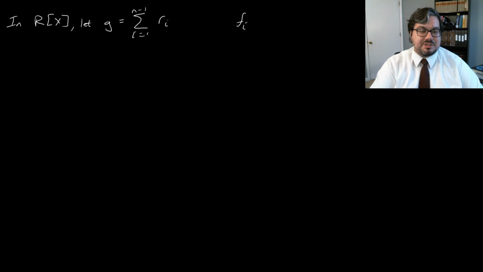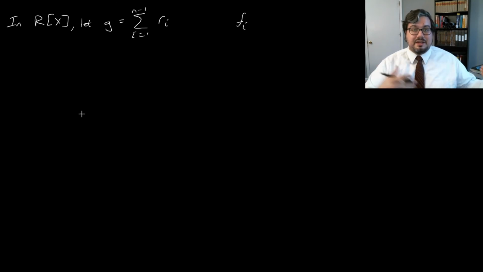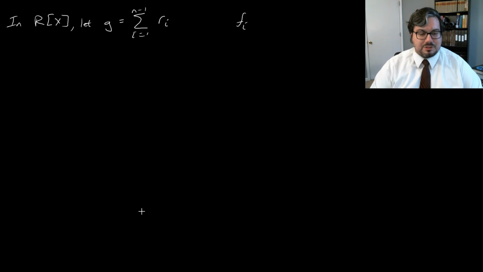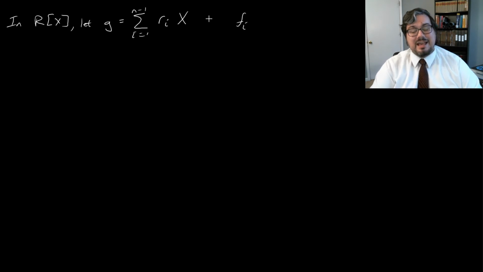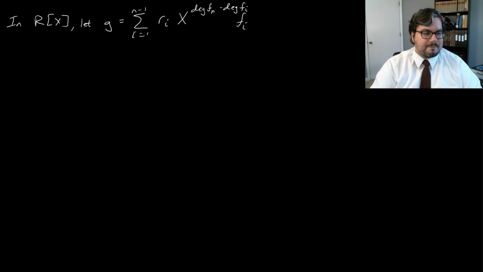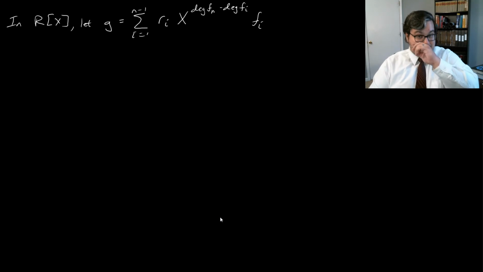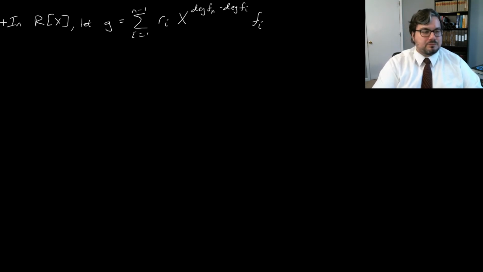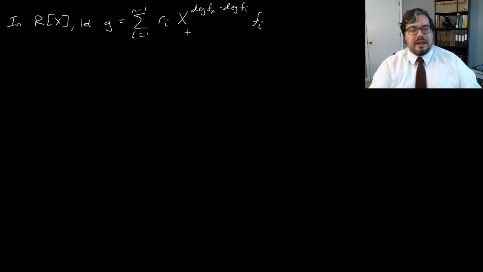First of all, we're going to be using the elements Ri that we had from what we just constructed, and we're also going to be making all of these Fi's, being multiplied by a power of x, have the same degree. So we're going to take x raised to the degree of Fn minus the degree of Fi, and multiply that by Fi. And we can construct this element inside R of x.